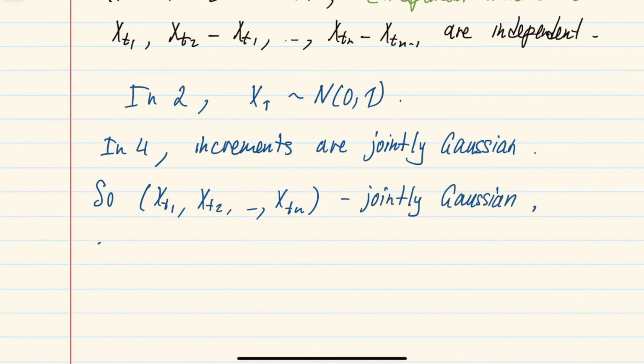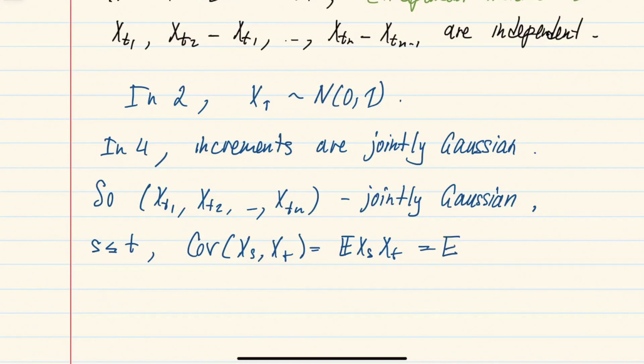And if you take two times, let's say s less than or equal to t, you can calculate the covariance of this Gaussian process. The expectation of X_s X_t, if you rewrite X_t as X_s plus the increment, the fact that the increment is independent of X_s gives you that this is just the expectation of X_s squared, which is s.